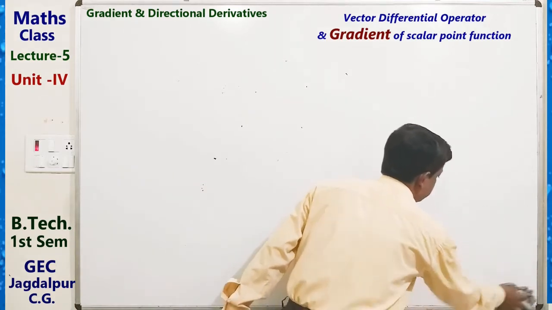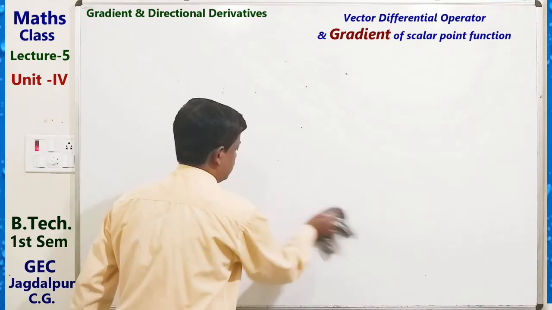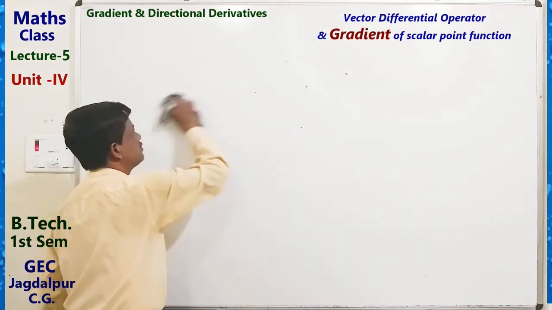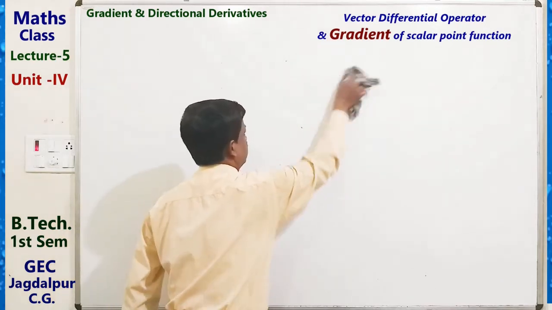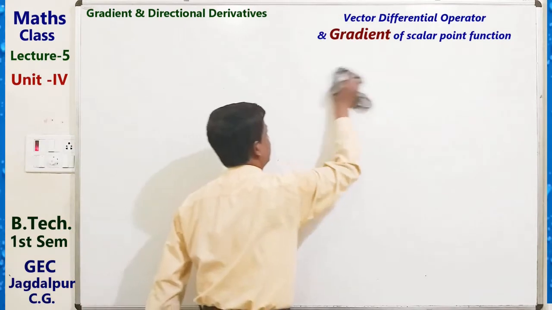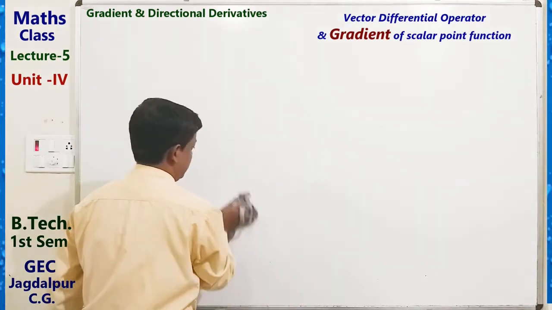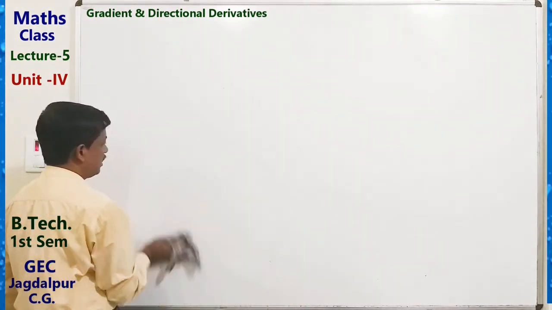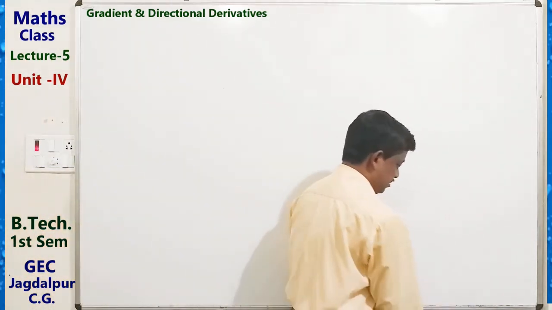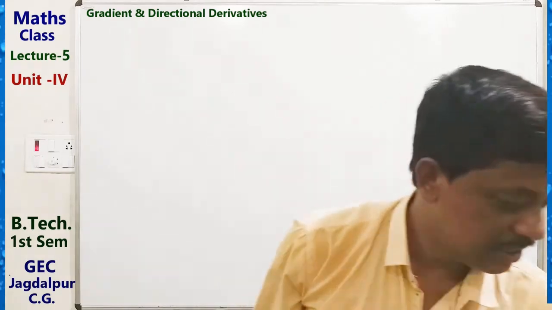Now we want to see what the direction of del phi is and what the magnitude of del phi is. Del phi means gradient phi.